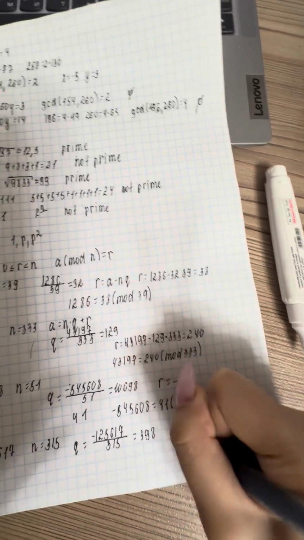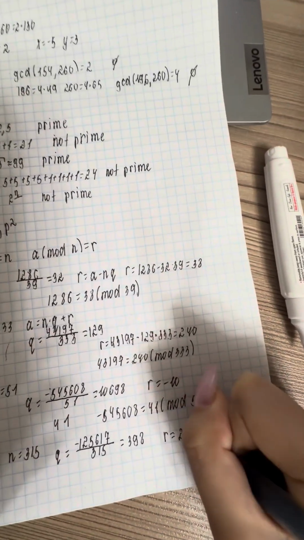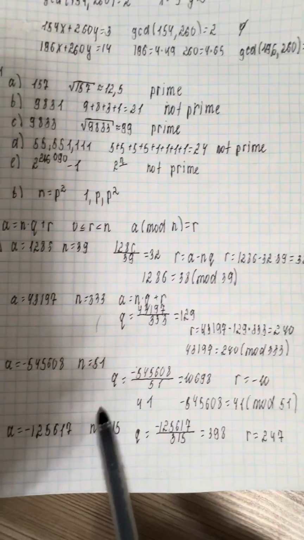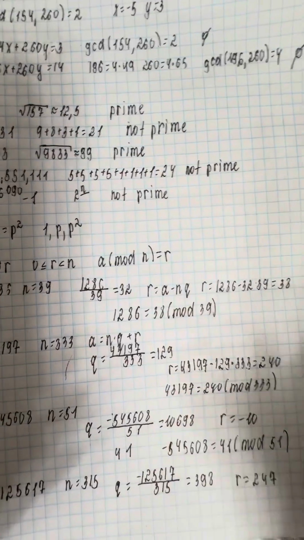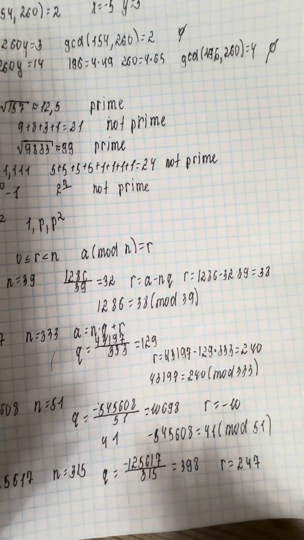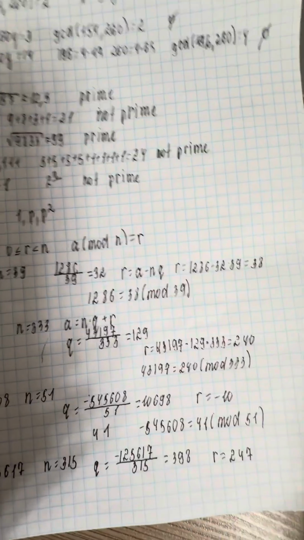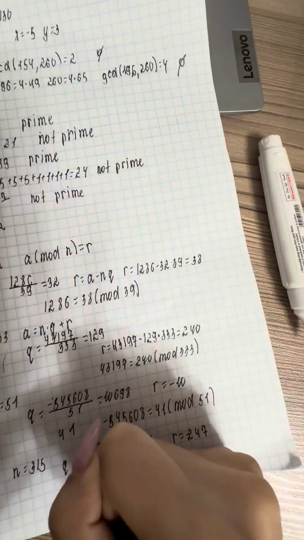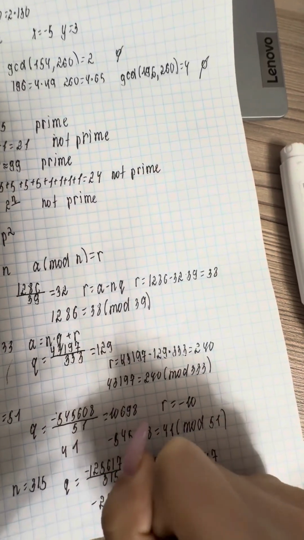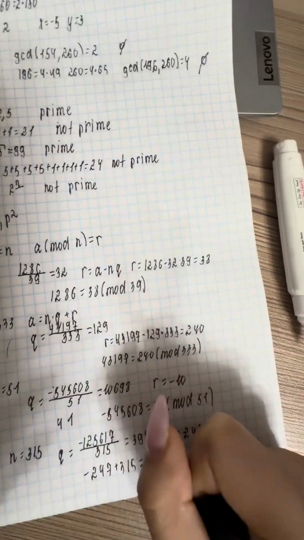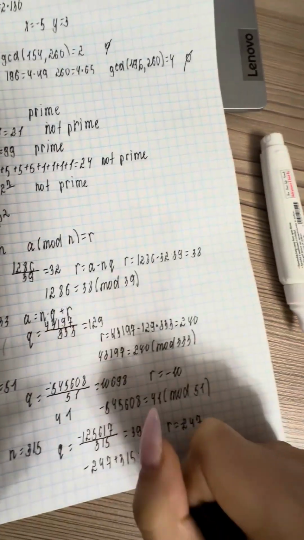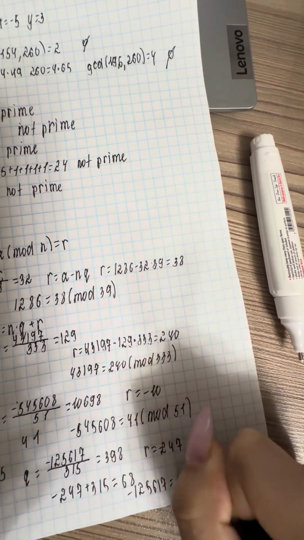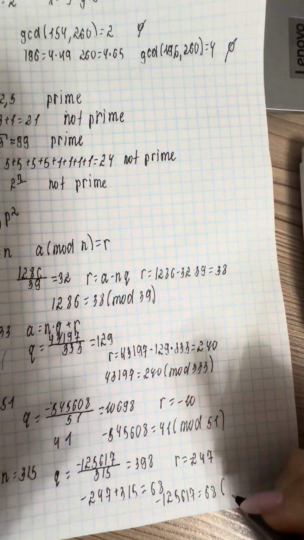And remainder equal to 247. And the remainder is negative because we have the negative A. And after this, we just add N to have a positive number. And this is equal to 68. And the answer is equal to 68.